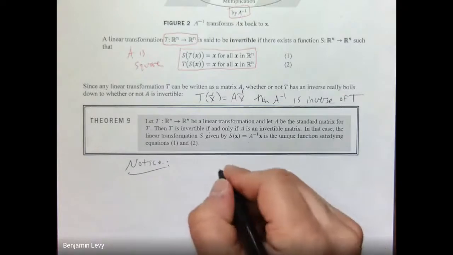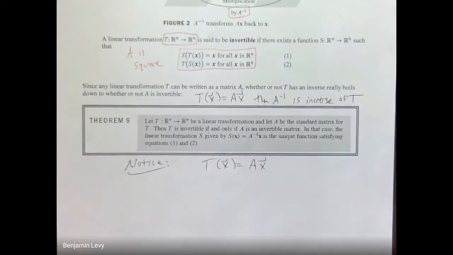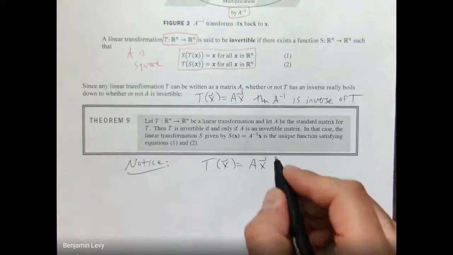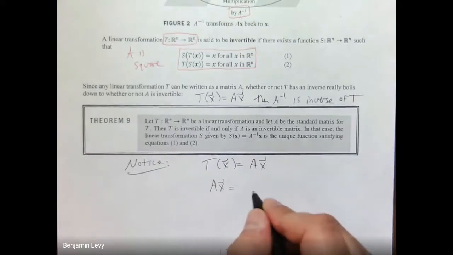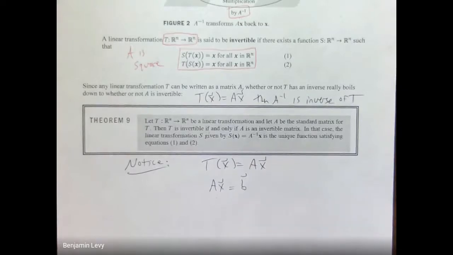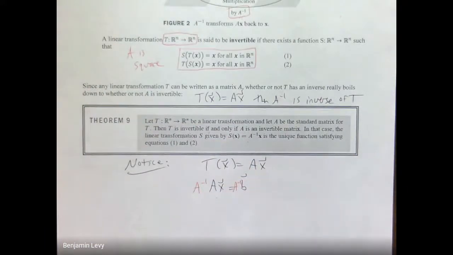We know that T of x equals Ax, right? That's the definition of a linear transformation. And when we do Ax, it's going to equal some other vector b, right? Well, if we want to undo that, then we need to multiply this by the inverse on the left. So we multiply by A minus 1 on the left.